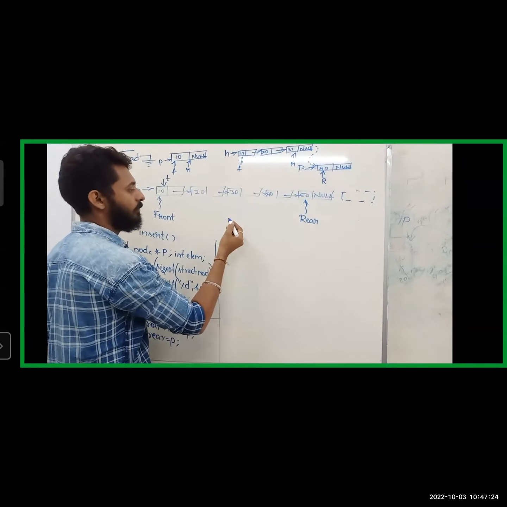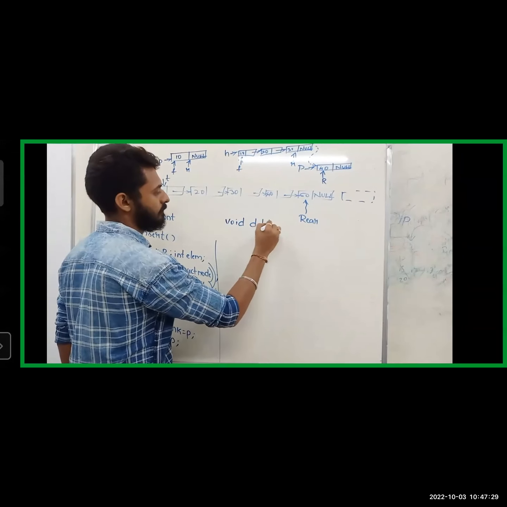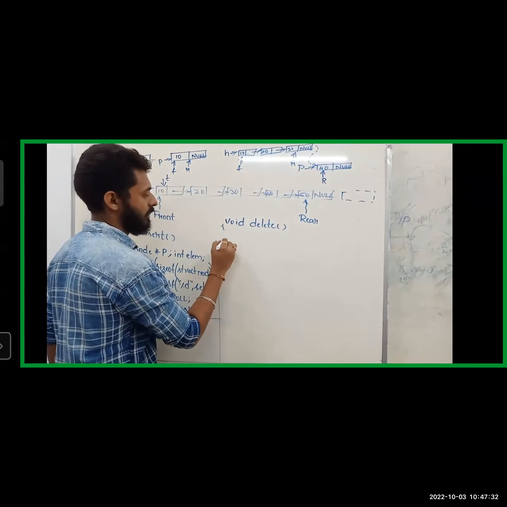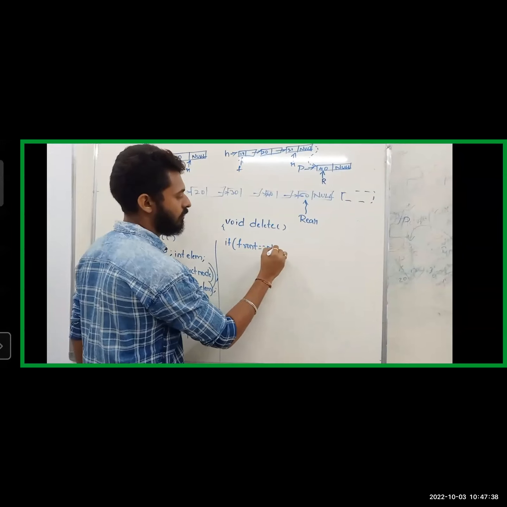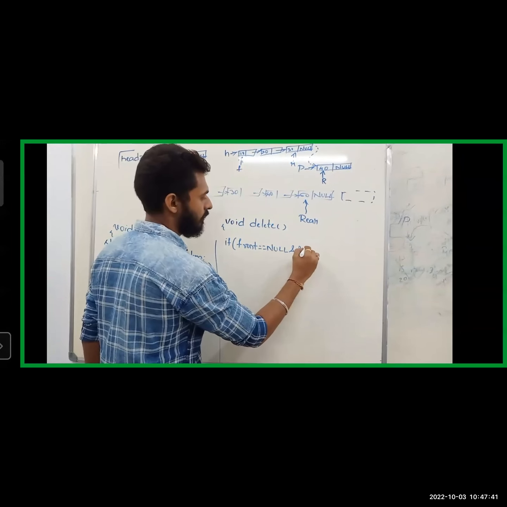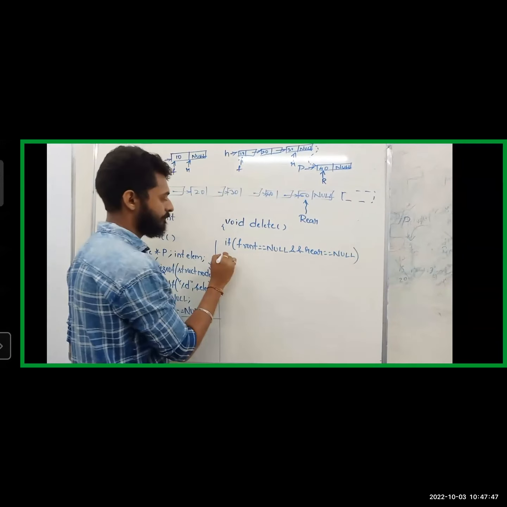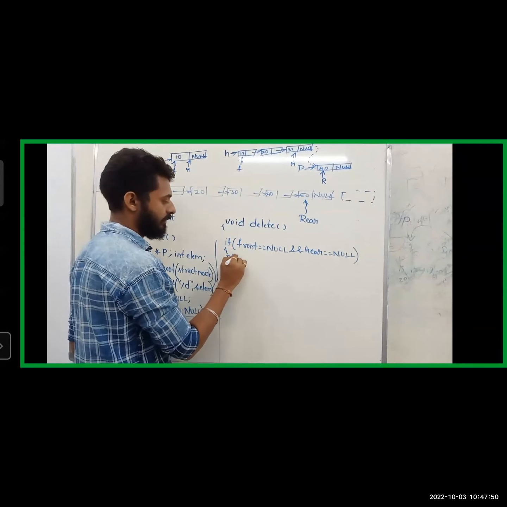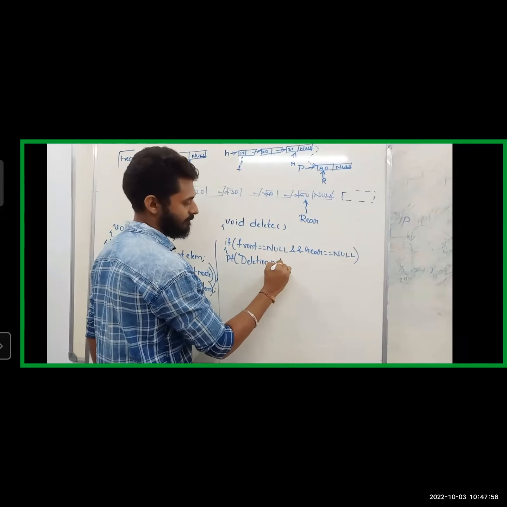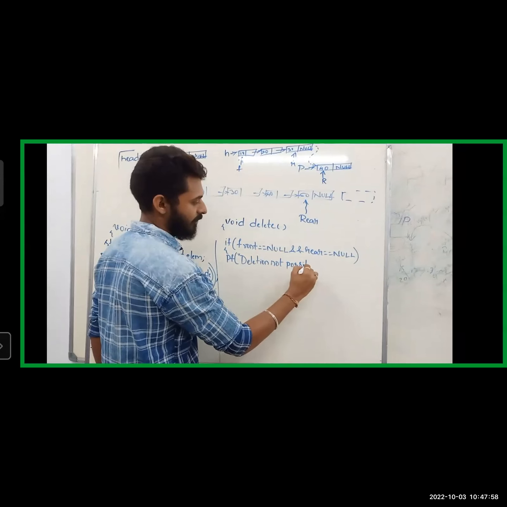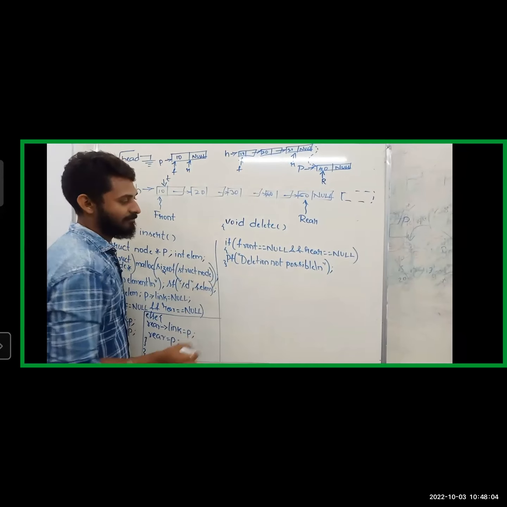I will try to write one more method, that is void delete. In this, if front equals NULL and rear equals NULL, what should I do? What should I print?